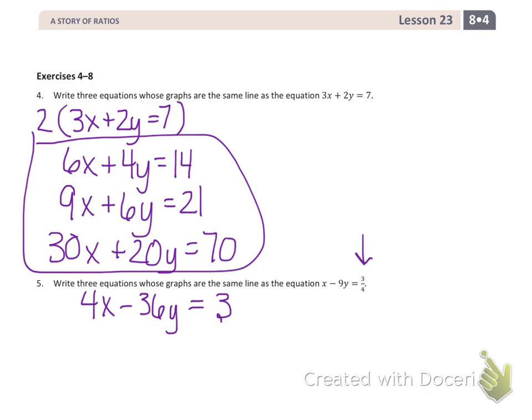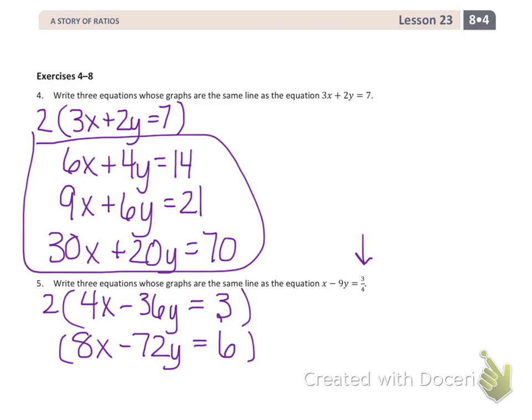So now I could take and multiply this equation by 2 and get 8x minus 72y is equal to 6. And I could multiply that one by 2 again.